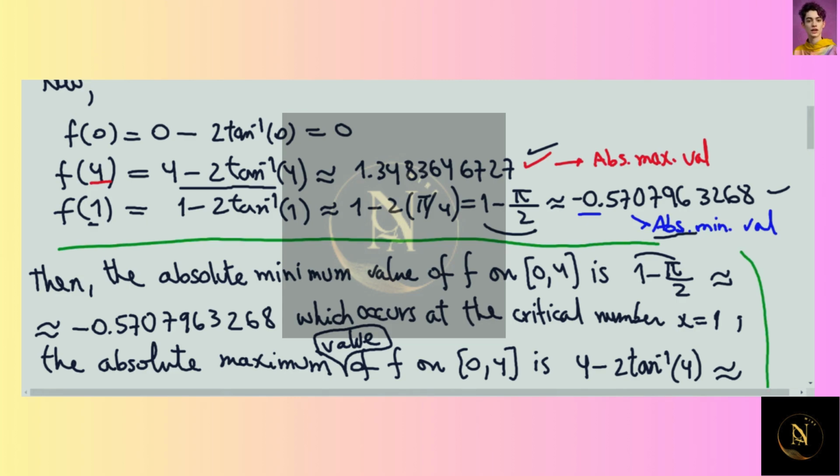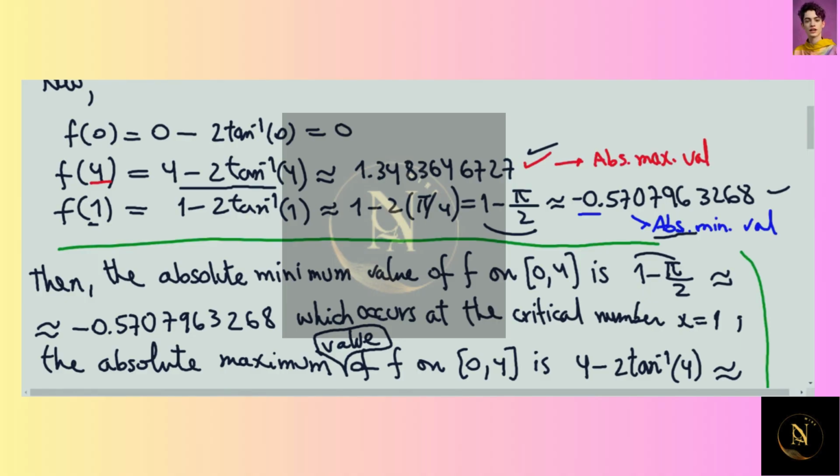So the absolute maximum value of the function over the interval [0, 4] is 4 minus 2 inverse tangent of 4, approximately equal to 1.3483646727, and it occurs at the right endpoint of the interval, that is at 4.